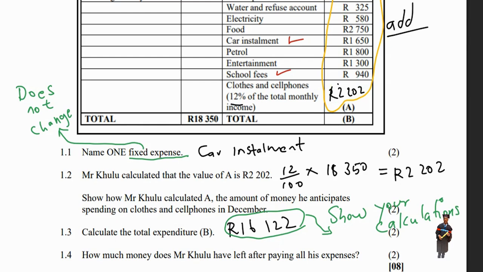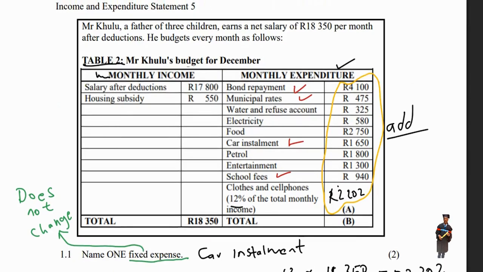Let's go to question 1.4. They are saying, how much money does Mr. Kulu have left after paying all his expenses? All his expenses cost him 16,122. So in order for us to get the money that Mr. Kulu remains with, let's calculate it here.